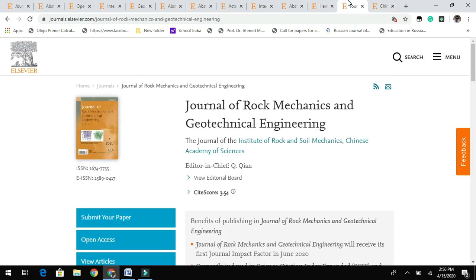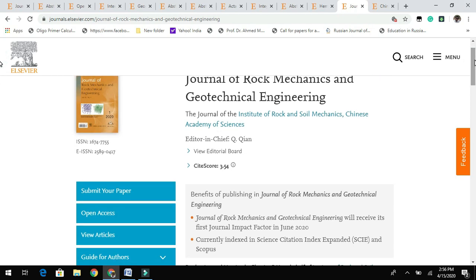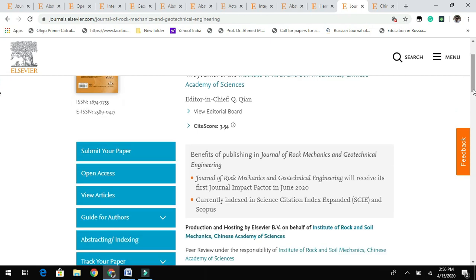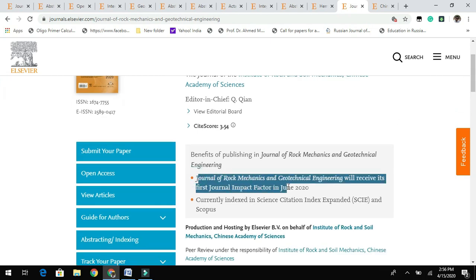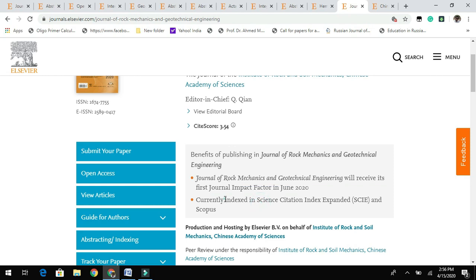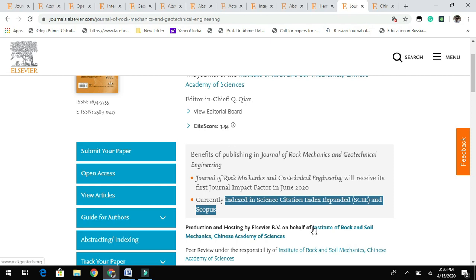So next journal is Journal of Rock Mechanics and Geotechnical Engineering. Even this is sponsored by the Institute of Rock and Soil Mechanics, Chinese Academy of Sciences, and it is expected to receive its first impact factor in June 2020, and it is currently indexed in Sci and Scopus.